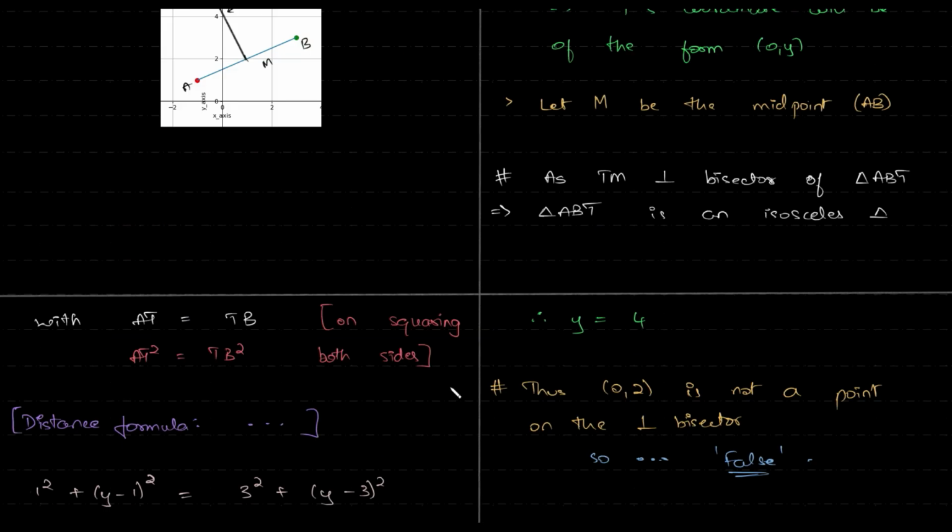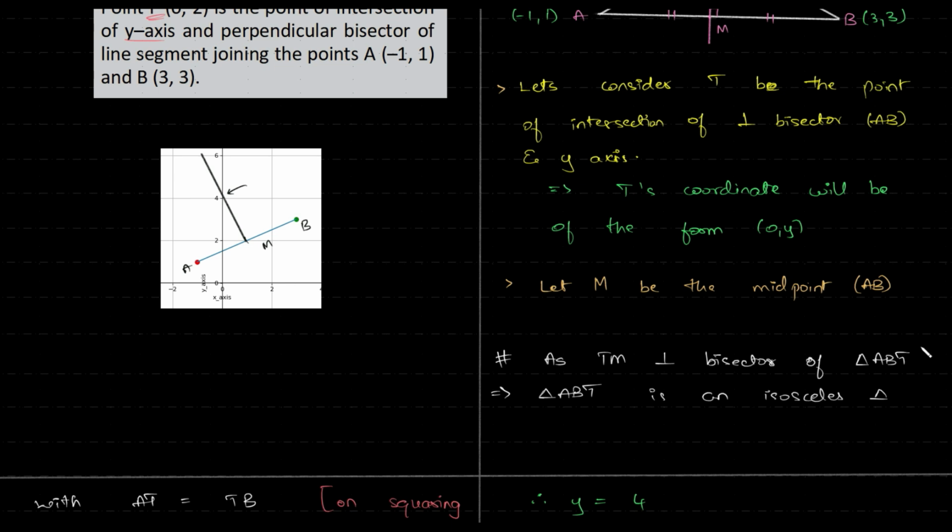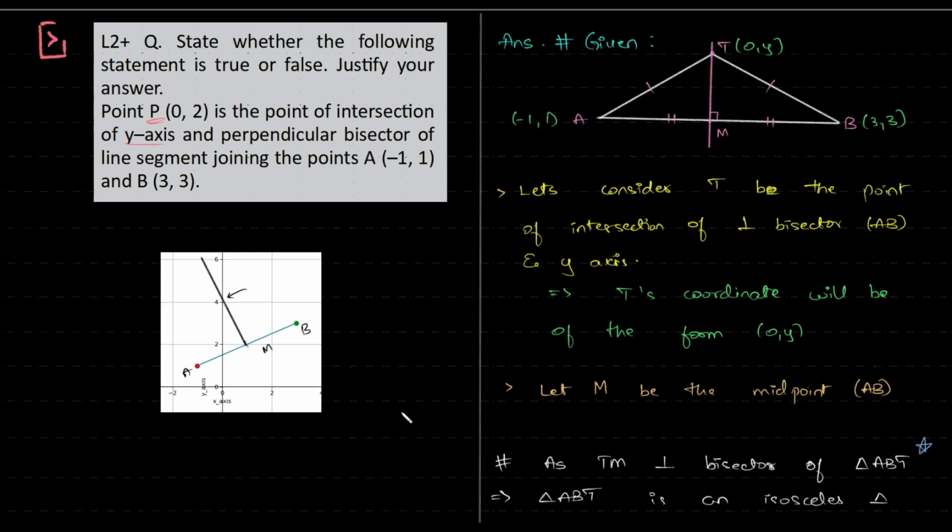Here the main funda is that with this conclusion we'll be able to state that the distance of AT square is equal to distance of TB square, and then we'll solve it. So any question similar to this pattern, this would be your approach.